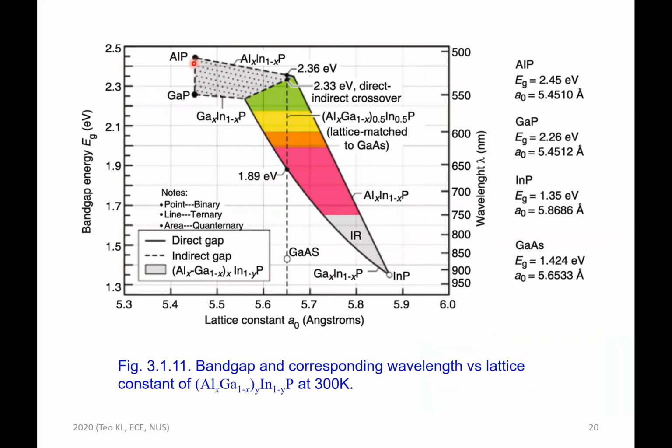So this is a plot of aluminum phosphide, gallium phosphide, and basically you can make use of aluminum gallium indium phosphide, for a certain composition such that you can find a lattice match to gallium arsenide, and where you can have green, yellow, orange, or even red emission of the wavelength.